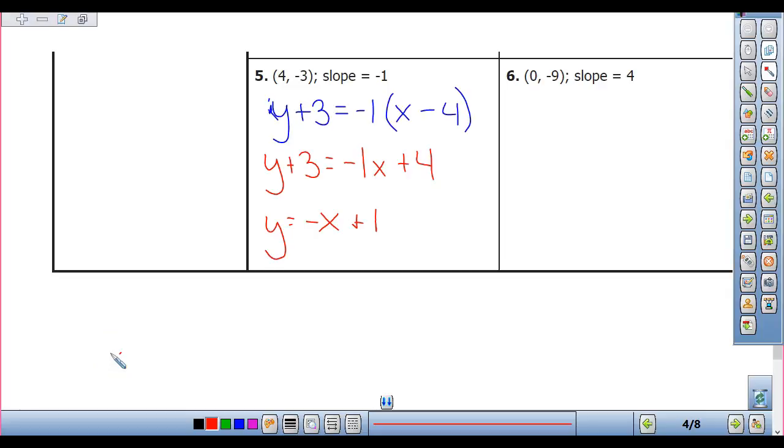Should be y equals negative x plus 1. What did you get in 5? Are you sure? Yep.